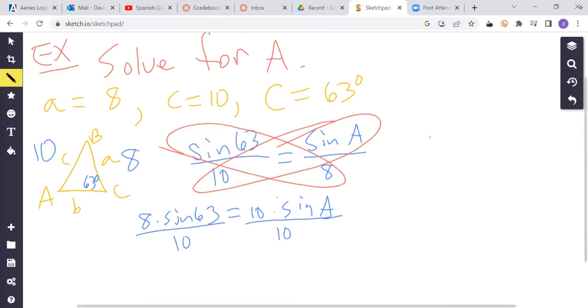Divide both sides by 10. So this is gone. We're left with sine of A equals 8 sine 63 over 10.